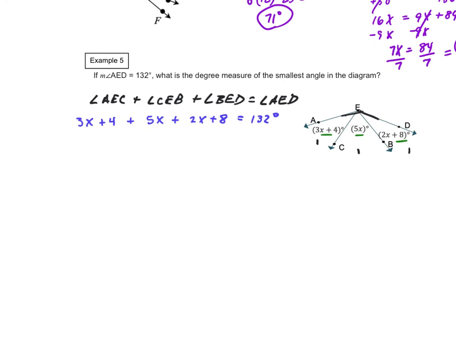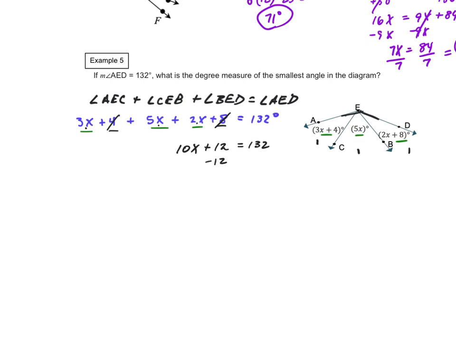If I combine all my numbers, I have 12. If I combine all my variables, it looks like I have a few. So I have 12 plus 10x is equal to 132, because 8 plus 4 is 12, and 3x plus 5x plus 2x is going to be 10x. So now I've simplified my equation, and it's much easier to work with.